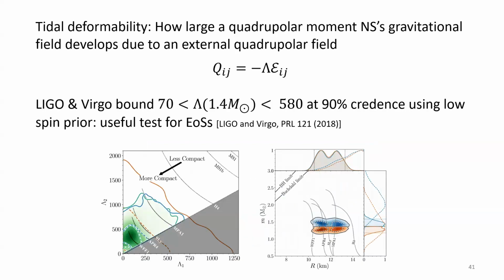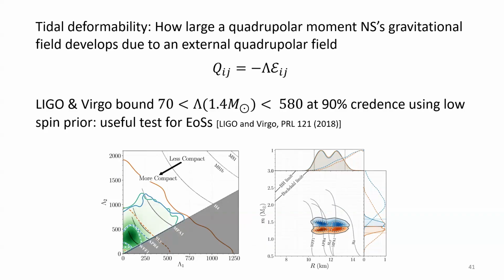And now it turns out that the tidal effects in the waveform that was observed in this 2017 merger, which still continues to be the highest quality measurement that we have to date, turned out to be fairly small.